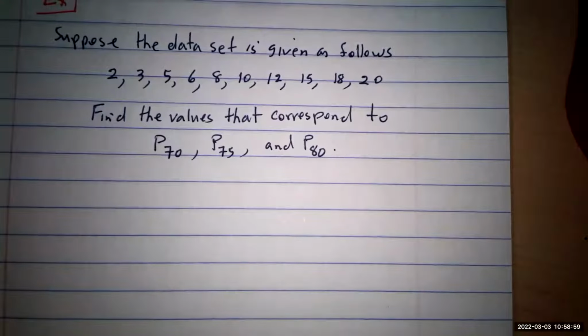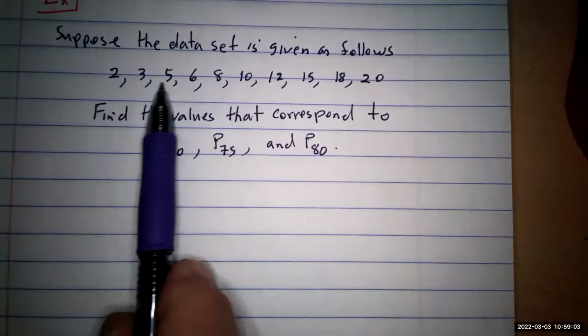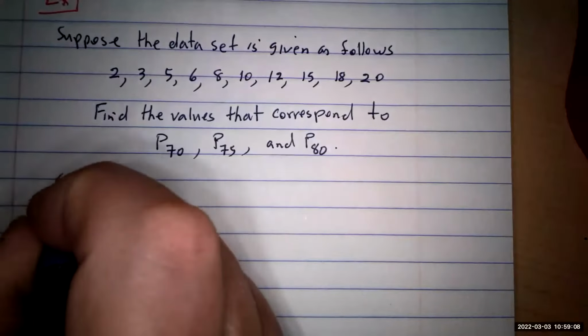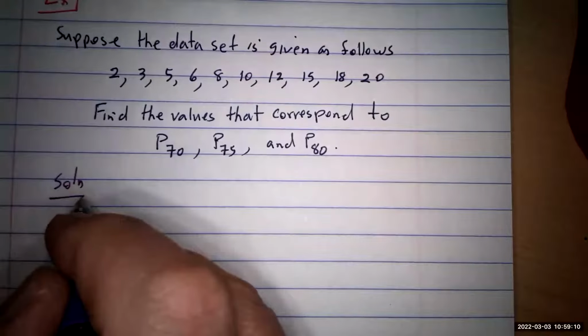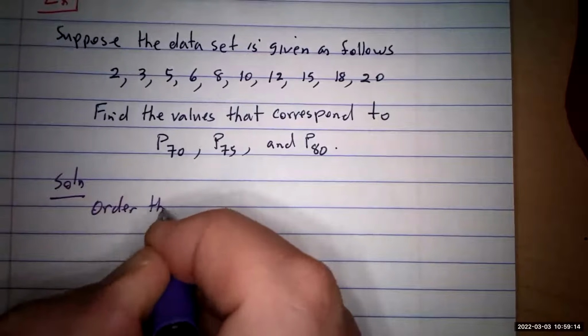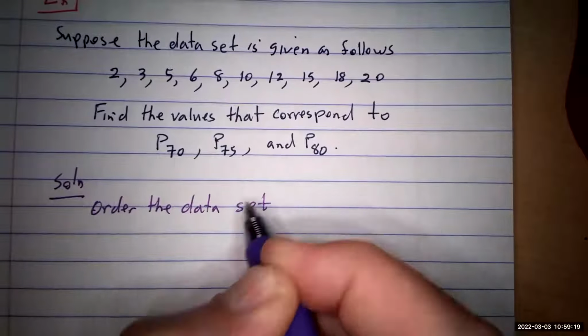For each one of them, you have to get the location number. So the set must be ordered. It's already ordered, but I write it down so you know that you have to check it. The first thing to do is order the data set because you need it in order.